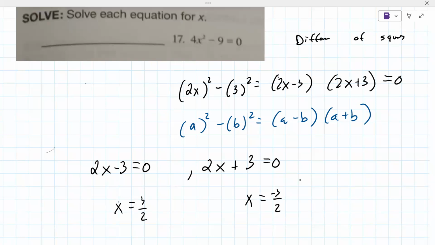Calculator. 3 and 2. 1.5. Reduce? Well, that's it. I mean, you can leave it as a fraction. That's okay. All right. Ready to go on to 18?